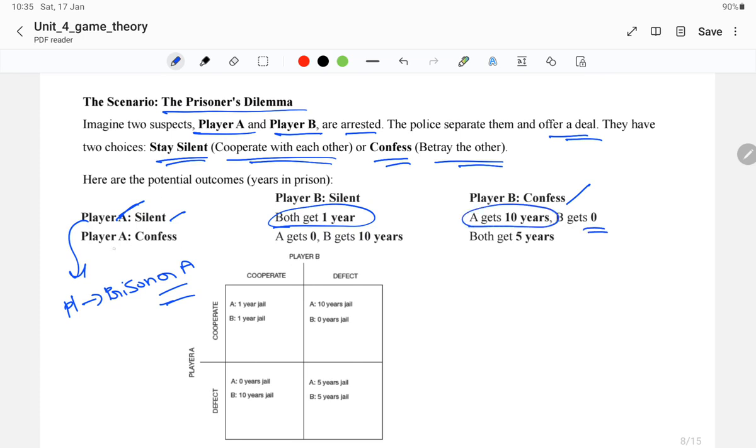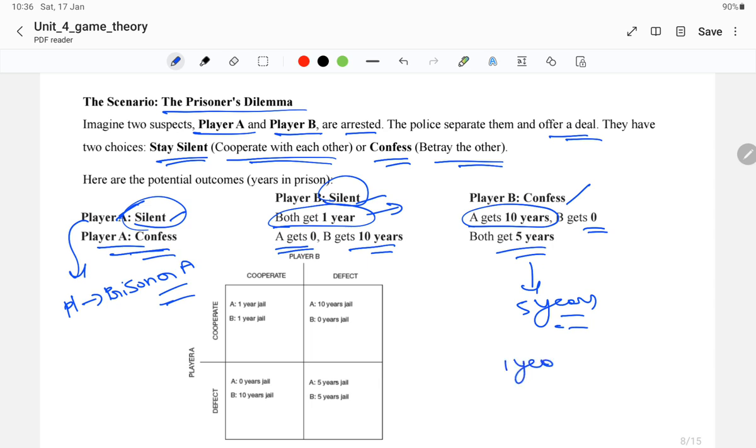Similarly, you can observe here that prisoner A confesses, whereas prisoner B remains silent. When he confesses, he gets 0, but since B has remained silent, B gets 10 years. Here prisoner A confesses and prisoner B also confesses. Both get 5 years. If both remain silent, that would result in the least sentence of 1 year.